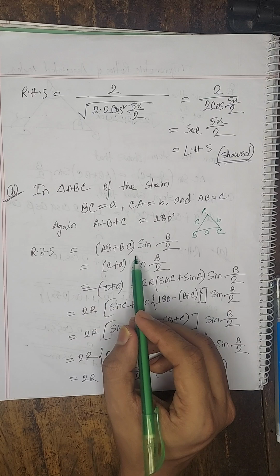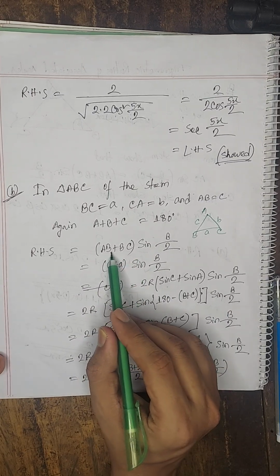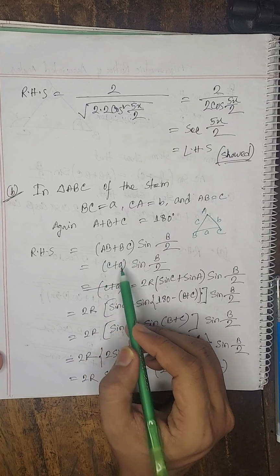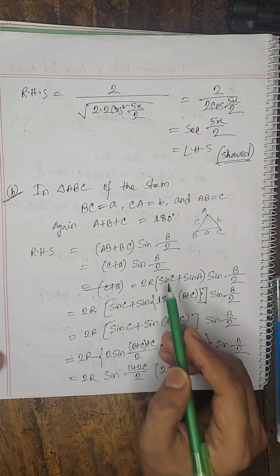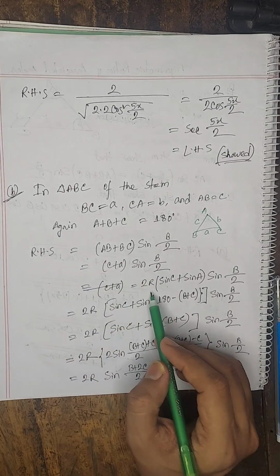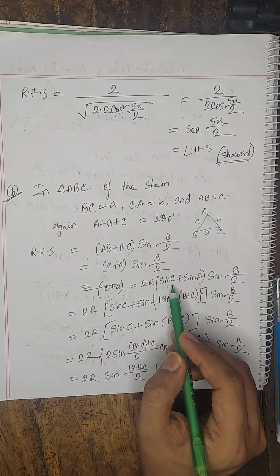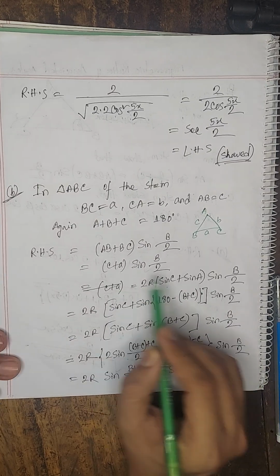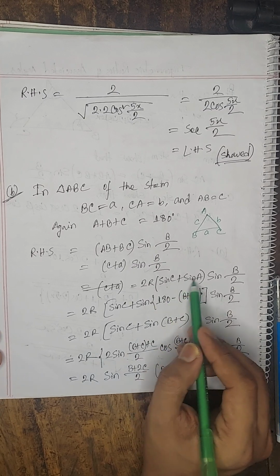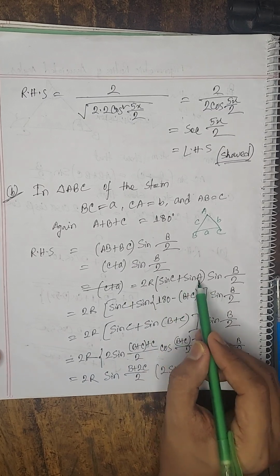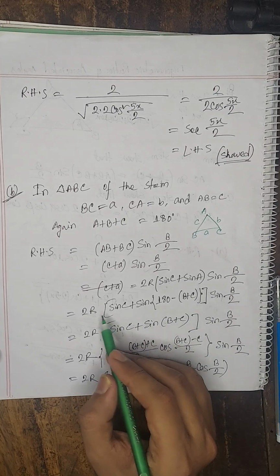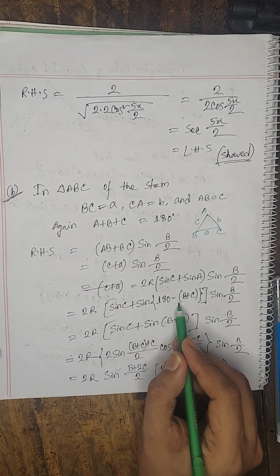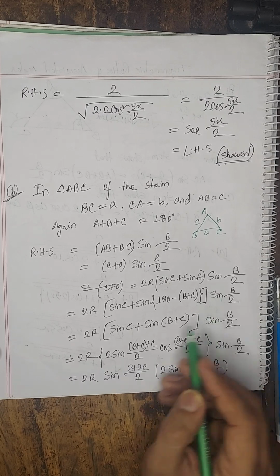From the right-hand side, AB plus BC times sin B by 2, we substitute AB plus BC by c plus a times sin B by 2. We can substitute with 2R times sin C plus sin A. We take common 2R from the two expressions. Then we get 2R times bracket sin C plus sin 180 degrees minus B plus C, times sin B by 2.